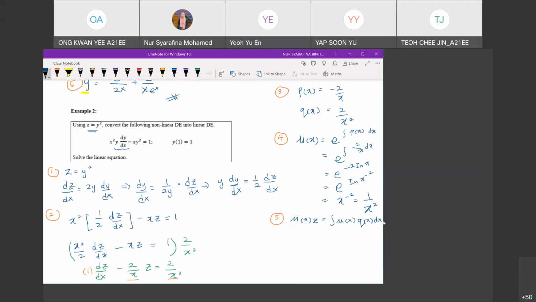So you have negative 2 over 3x cubed plus a constant. That is your integral of mu(x) Q(x), right? Then just simplify to find z.